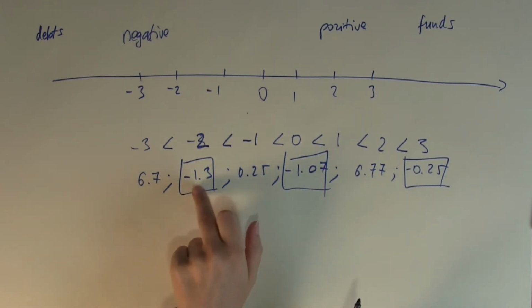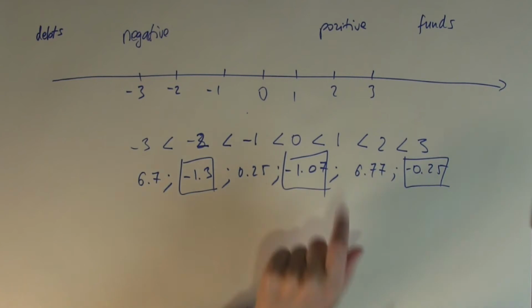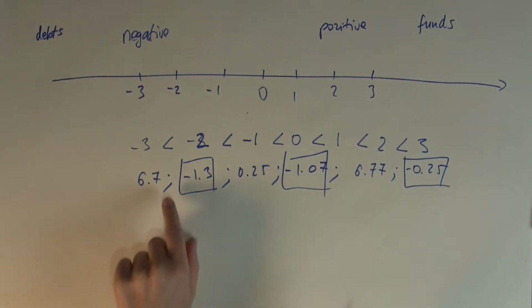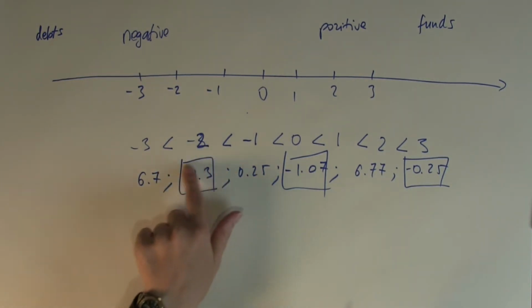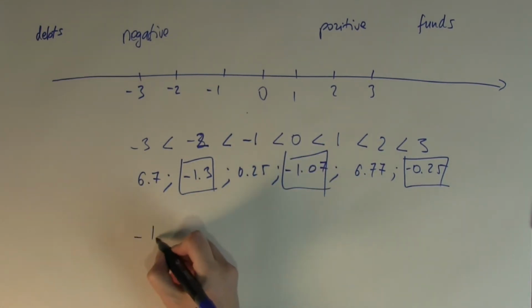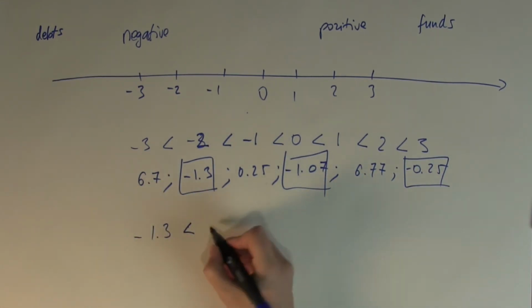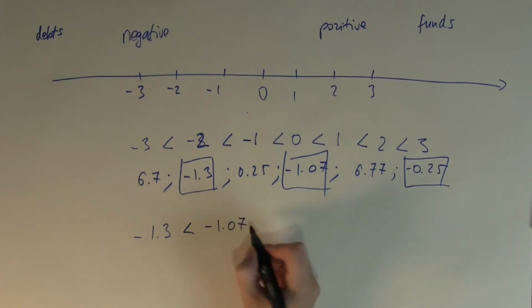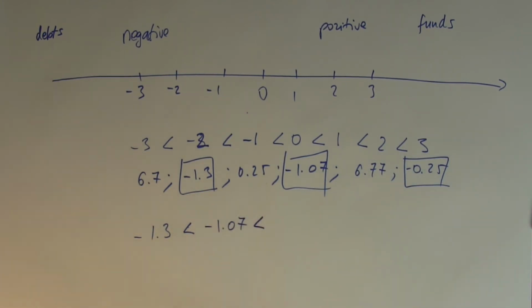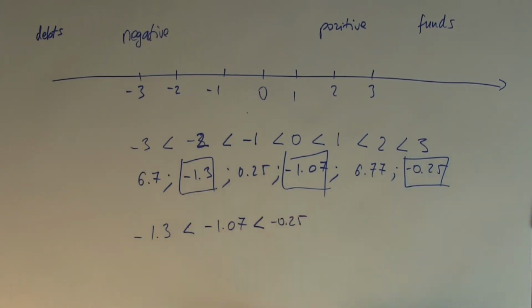So when I owe £1.30, do I owe more or less than when I owe £1.07? Well, £1.30 is a bigger amount than £1.07, so minus 1.3 is the smallest of all of these numbers. Then the next one is minus 1.07, and the biggest of the negative numbers is minus 0.25.